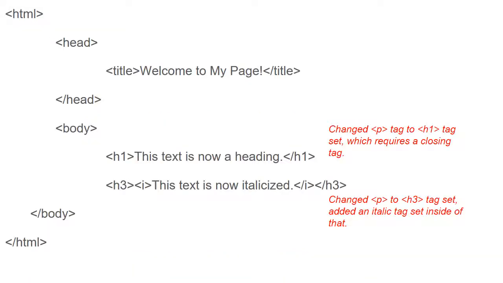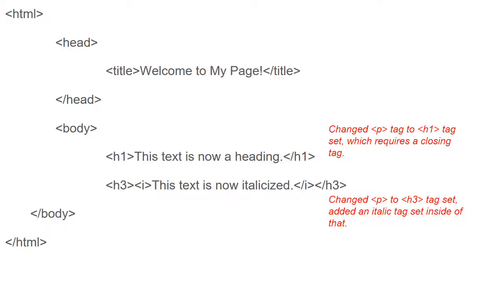I'm going to modify it a little. You can pause this and see what's different from what you've written in your text editor already. I've basically changed the 2 paragraphs to headings, an H1 heading and an H3 heading. They're going to be larger and bolder.